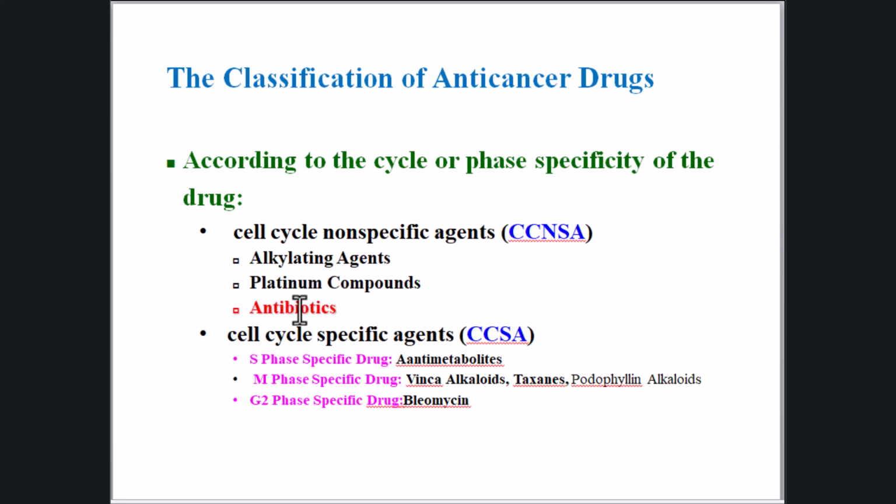These cell cycle non-specific drugs can act on the G0 phase or non-dividing cells, as well as on the dividing cells. They can act on either, and they are not selective. So they are destructive at both phases.